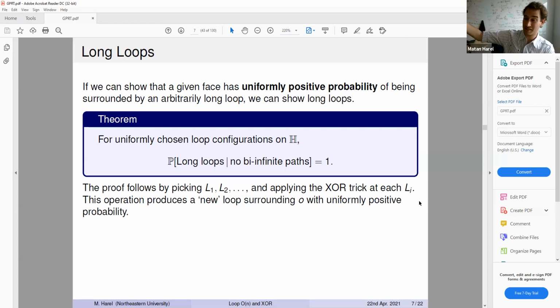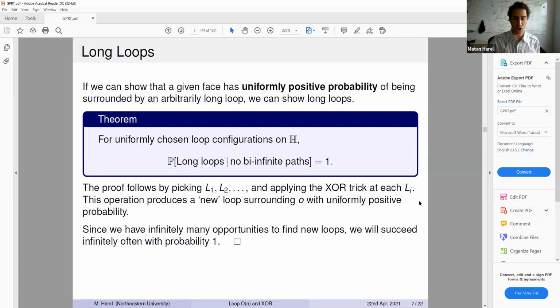And then the third one doesn't destroy the second one. You keep doing this. It's a bit technical, but if you set things up properly and do some very basic union-bound style bounds, you can show that you have infinitely many opportunities to succeed.